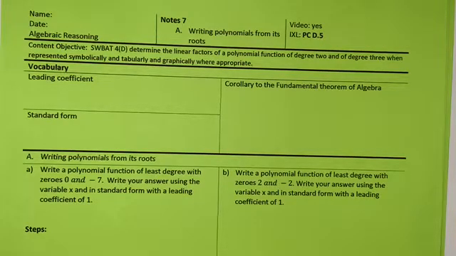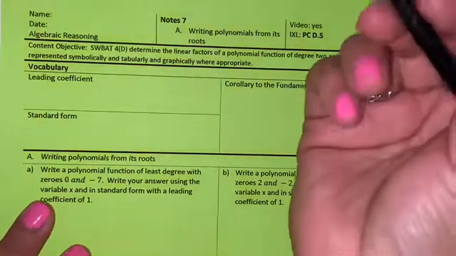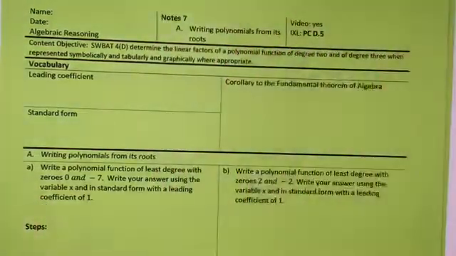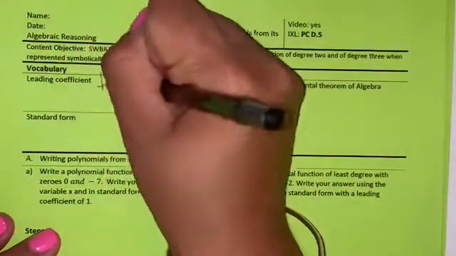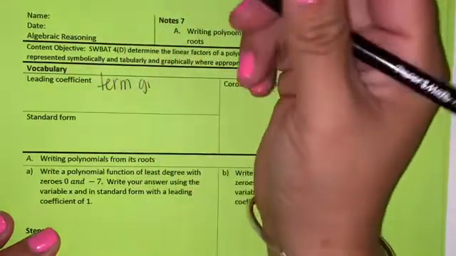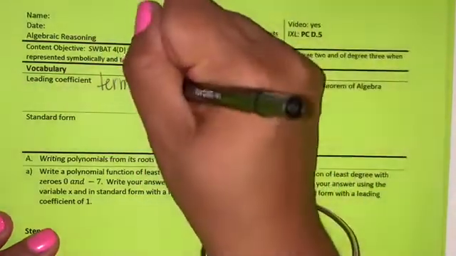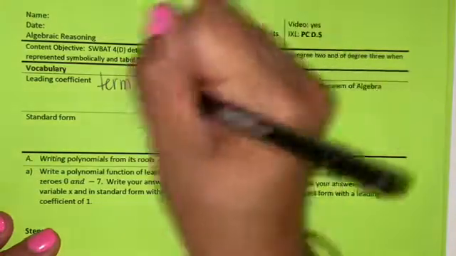It says leading coefficient. So the leading coefficient, this should be a review. The coefficient is the term with the highest degree given in a polynomial.